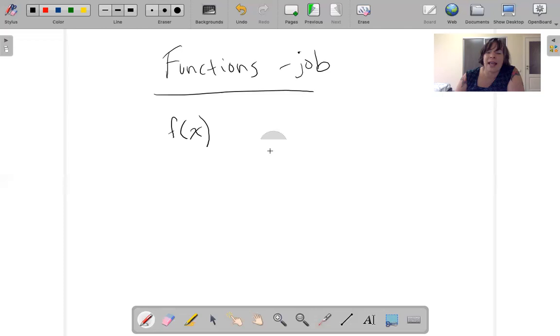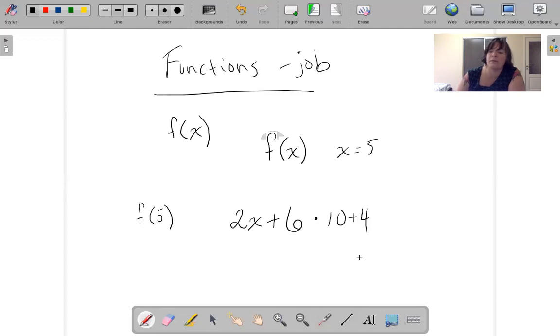If I say f of x when x is 5, then I say f of 5, and I have some equation, 2x plus 6 times 10 plus 4.